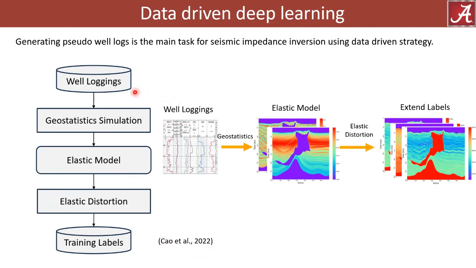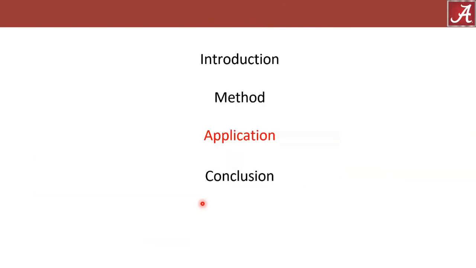Here is the input of some well logs. We do geostatistical simulation to get a 2D elastic model, and then we do elastic distortion to generate more realizations of this 2D model. We use these as training labels.